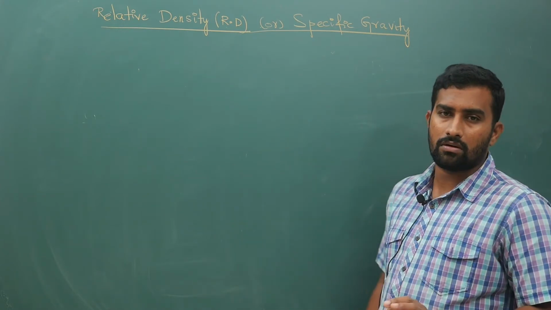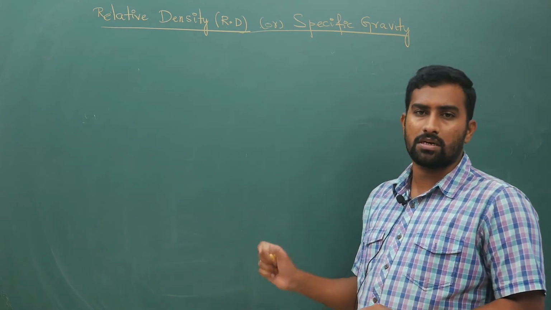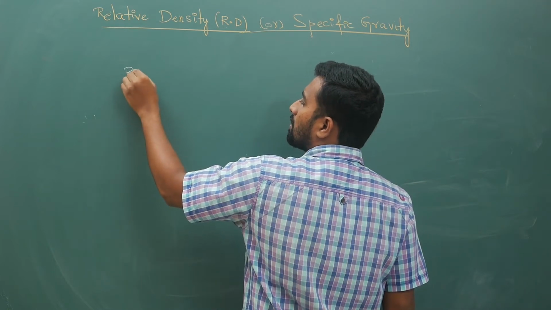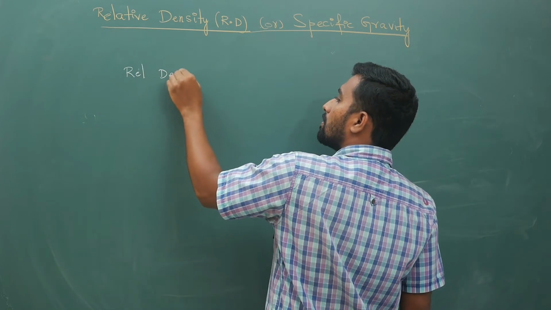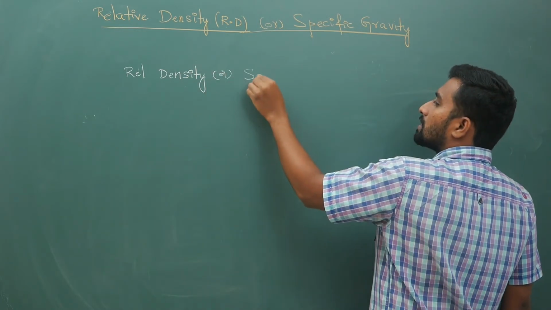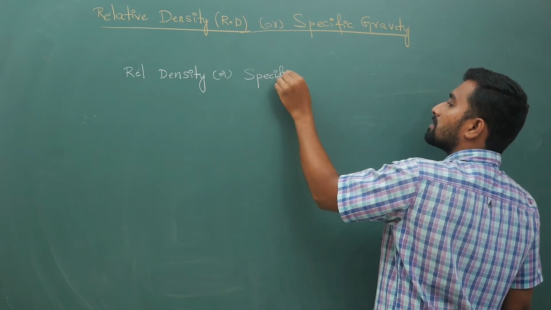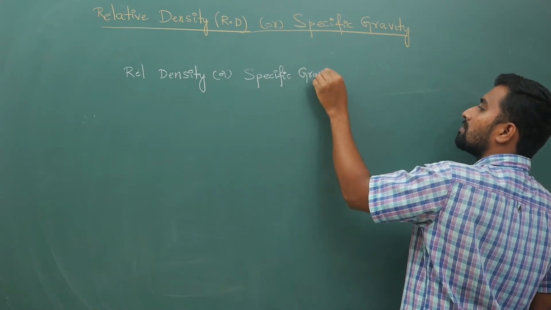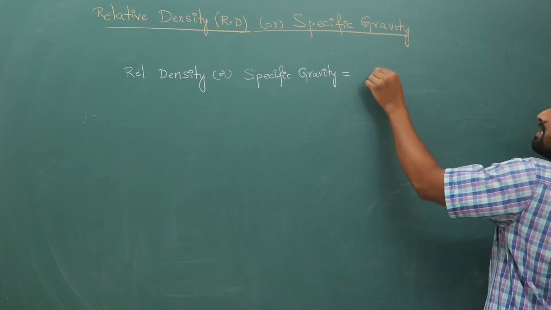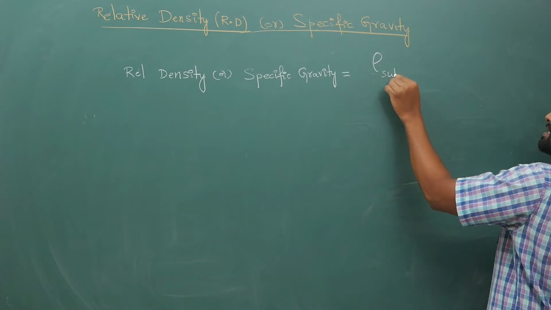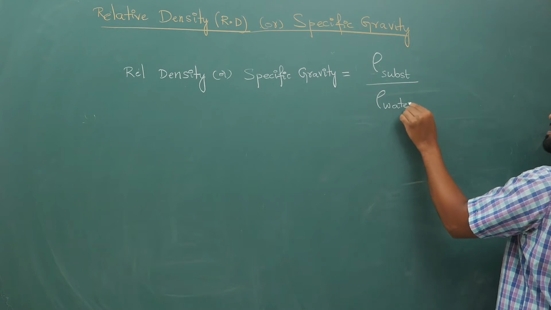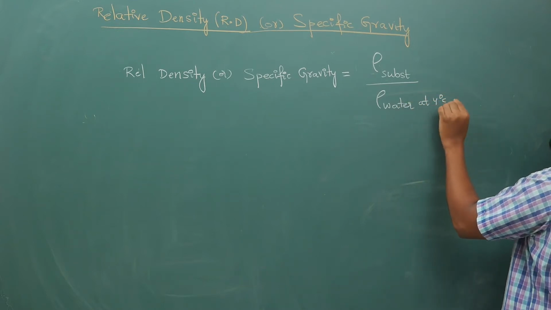Both names are different but both actually mean the same. So your relative density or specific gravity is density of substance by density of water at 4 degrees centigrade.